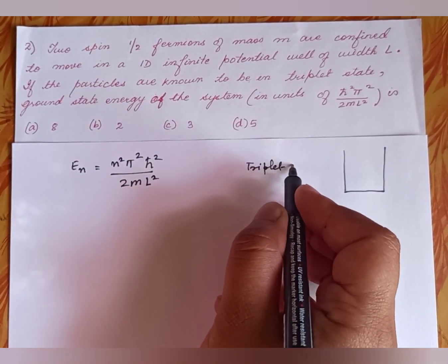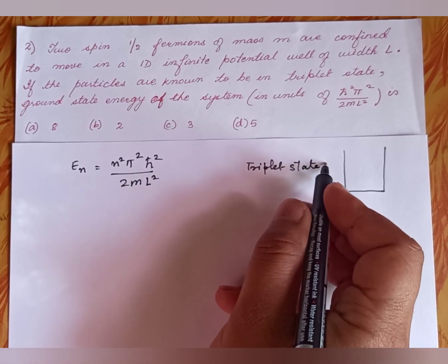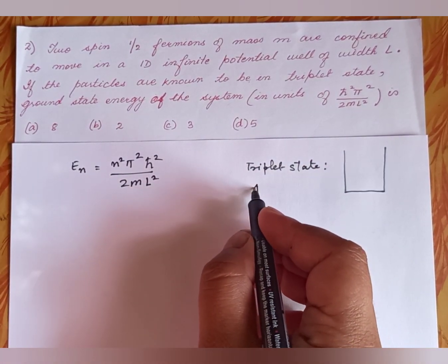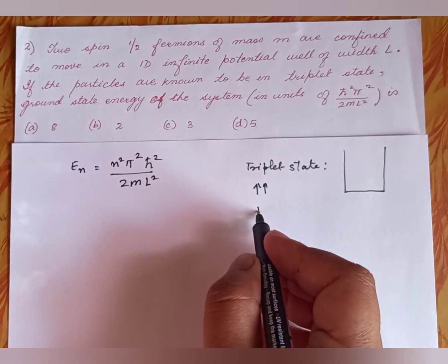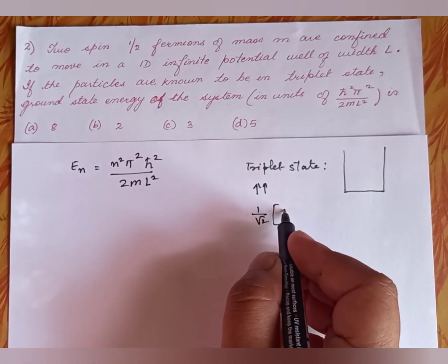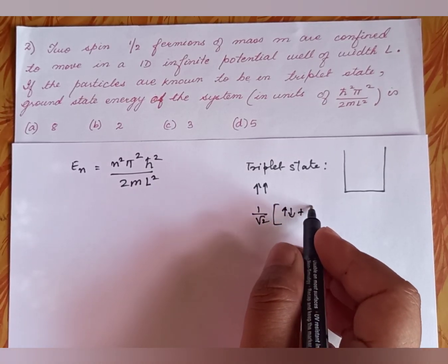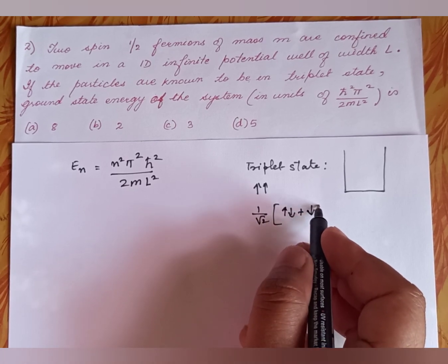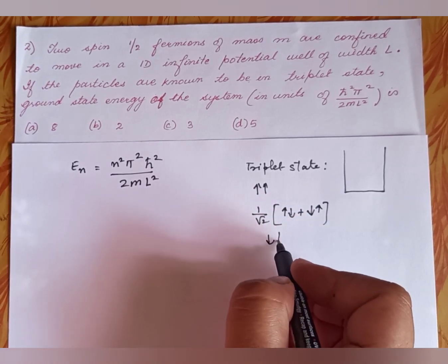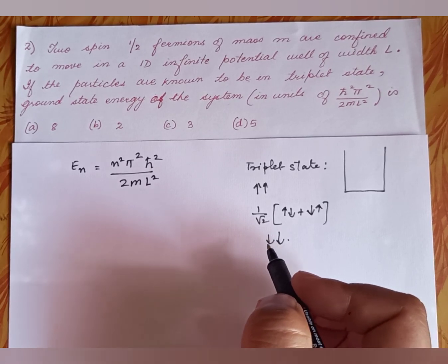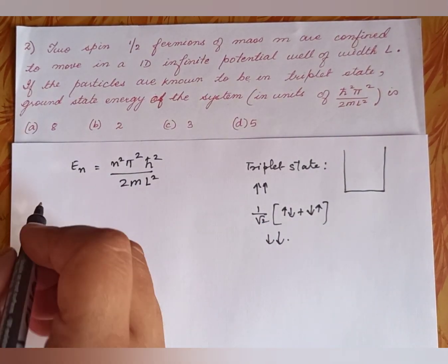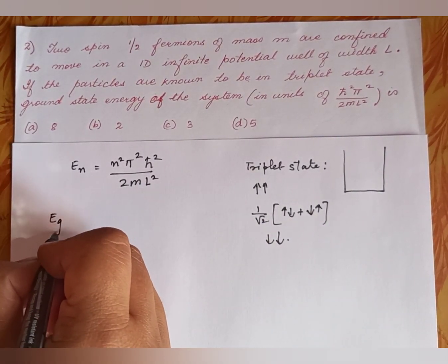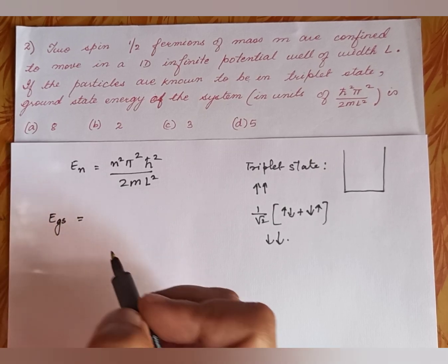In the triplet state, I have my up, then a combination of up down in the symmetric state, and then a down state. Now we need to find the energy of the ground state for these 2 spin-half fermions.